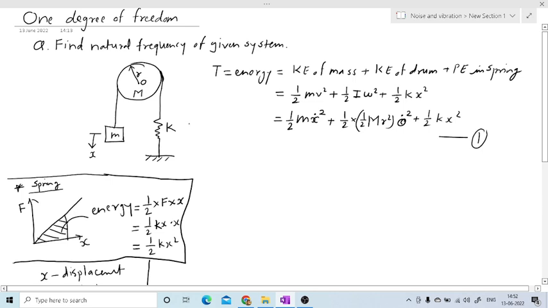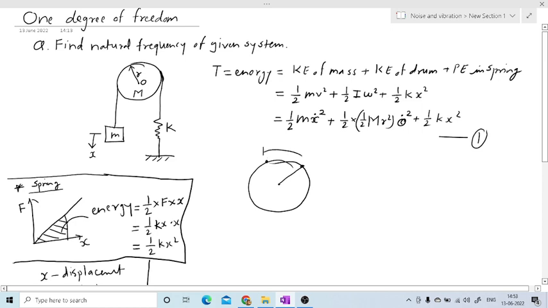So to replace that, see I am going to draw this drum again here. So this is the drum. Now in this drum, suppose this is the initial point I have considered. Now when this mass is going to move by distance x, ultimately this point will be moved by distance x.